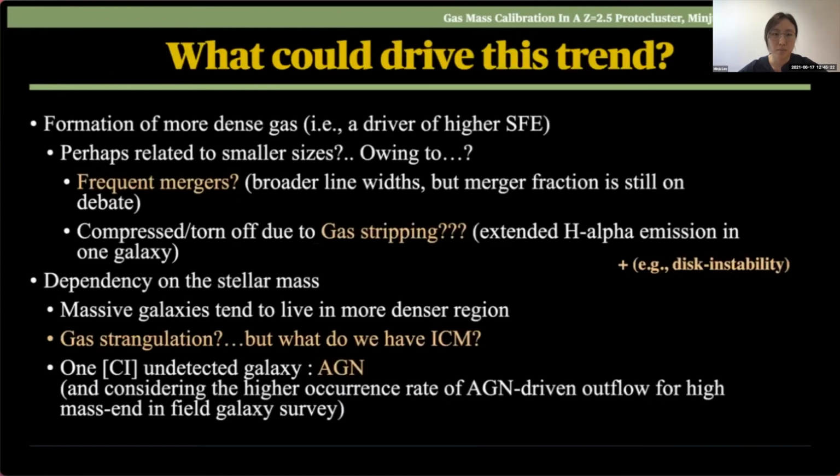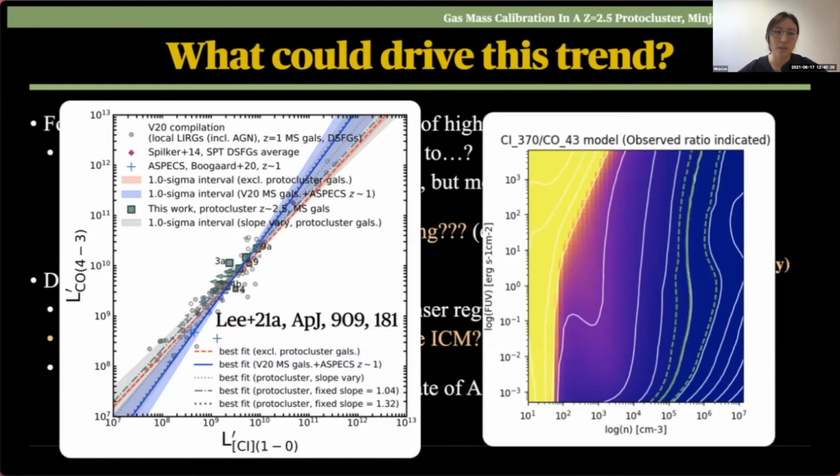The formation of denser gas is expected. After we explore the CO 4-3 to CO 1-0 ratio, it seems that some galaxies have denser gas, above 10 to the 4 per cubic centimeter.